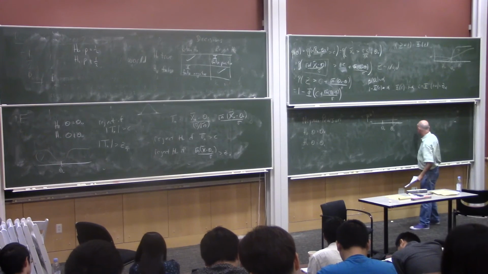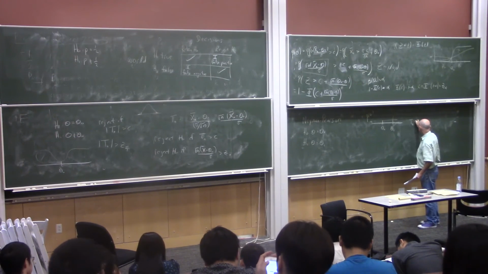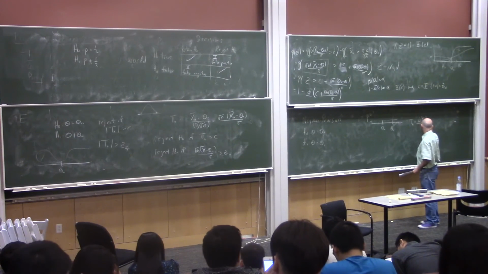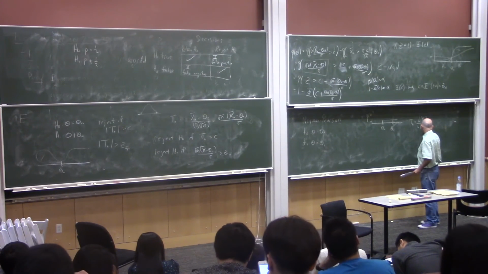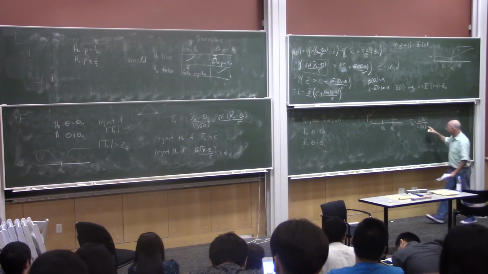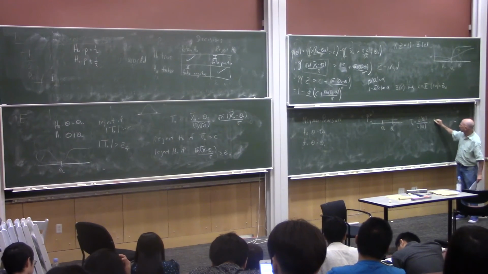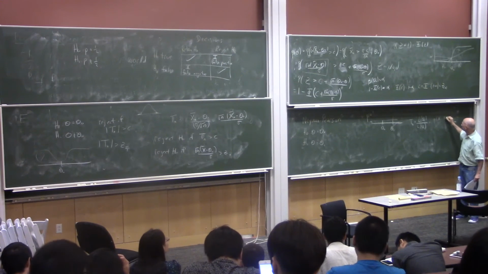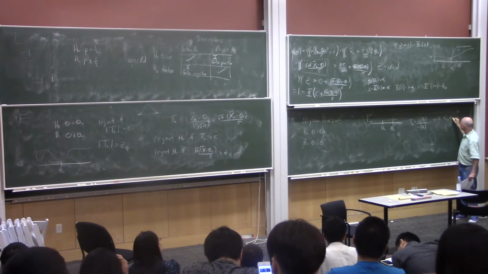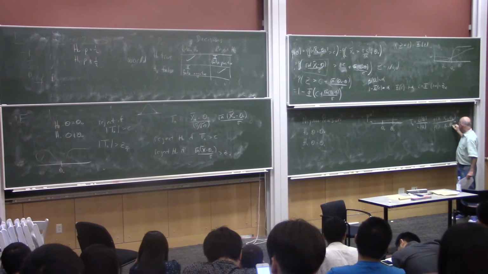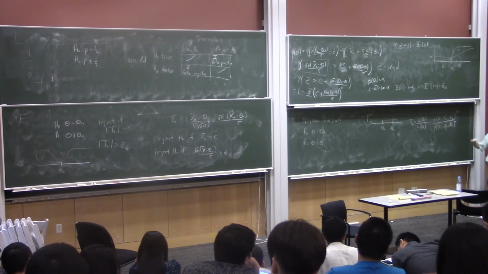What we do is the test statistic is simply the likelihood under the alternative over the likelihood under the null. We're going to assume here that these are well-behaved probability density functions.